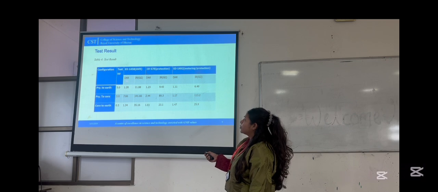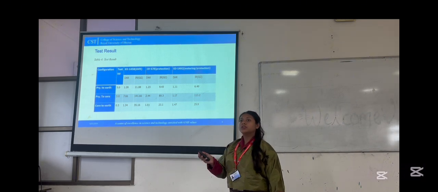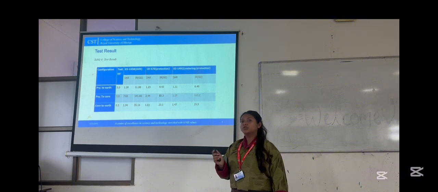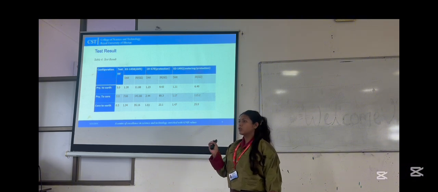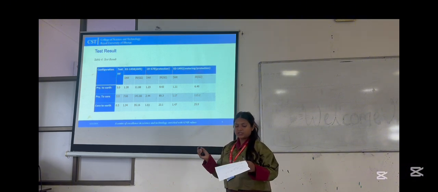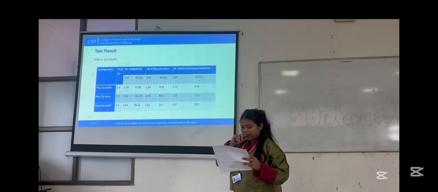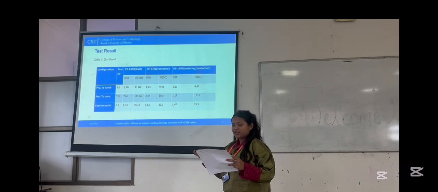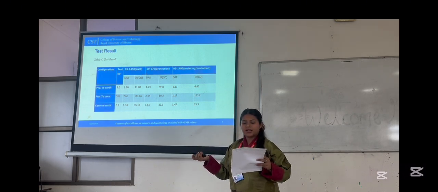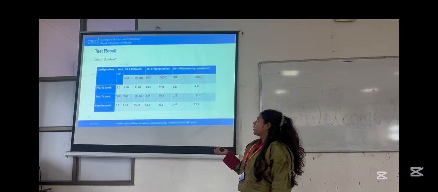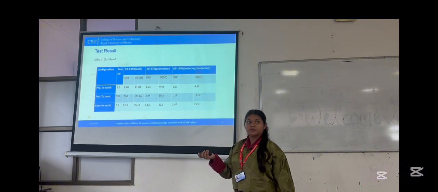For primary to earth there is 1.2, so it is less than 1.25, but this one is also acceptable. It might indicate an early sign of surface moisture or aging of the transformer.